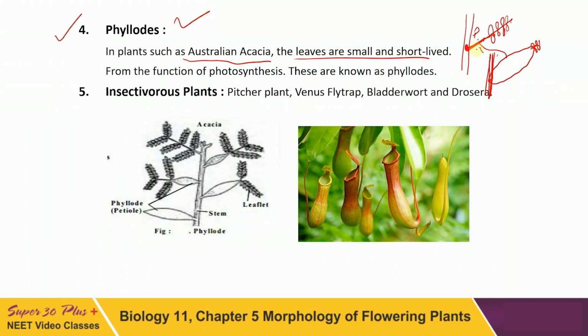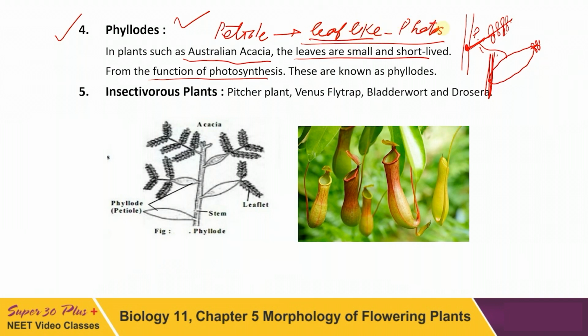Phyllodes means the petiole got modified into a leaf-like structure because the actual leaf is small and short-lived, and the function of photosynthesis is done by the petiole. These petioles are modified to leaf-like structures, and they will do the function of photosynthesis. Why? Because they are green in color. The actual leaf cannot do this function.